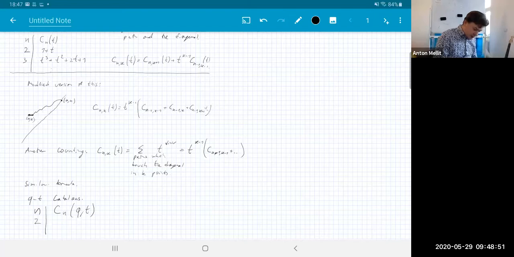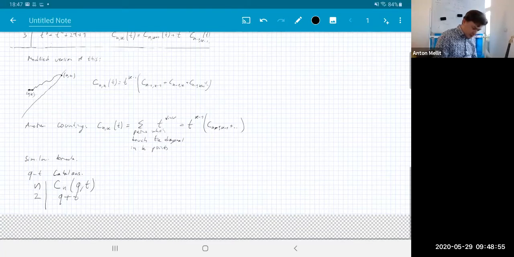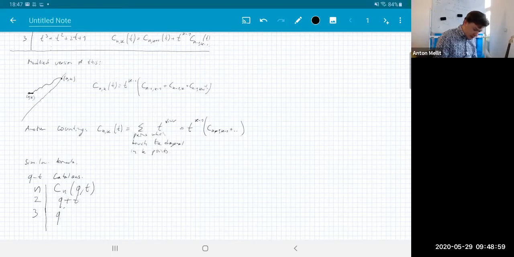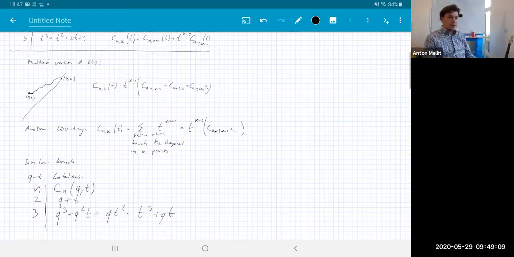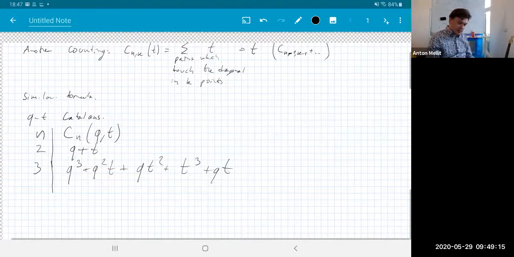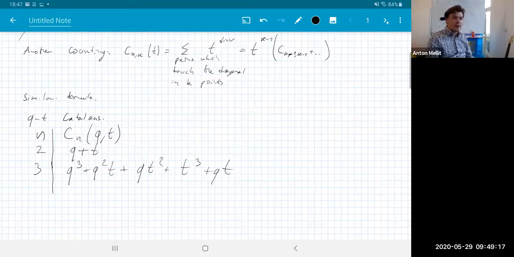So for 2 you get Q plus T, and for 3 you get Q plus Q squared T plus Qt squared plus TQ plus Qt. So the Qt Catalans are obtained by counting both the DINF statistic and the area statistic.